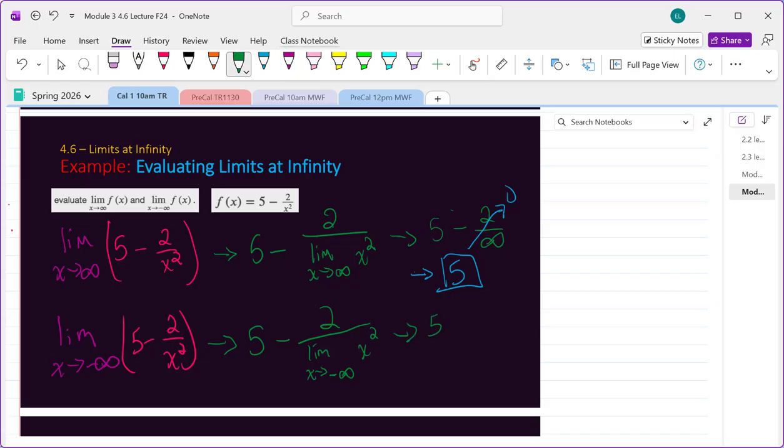So we're getting that 5 minus 2 over negative infinity squared will approach positive infinity. But then there's the minus sign from the formula. But it's still a constant over infinity, so this is still going to 0. So we still get the 5. So that 5 is the horizontal asymptote of this graph.